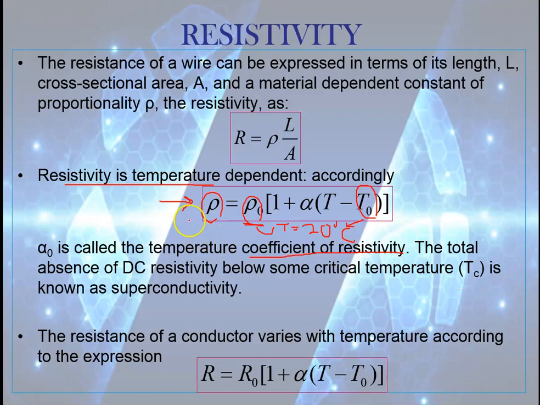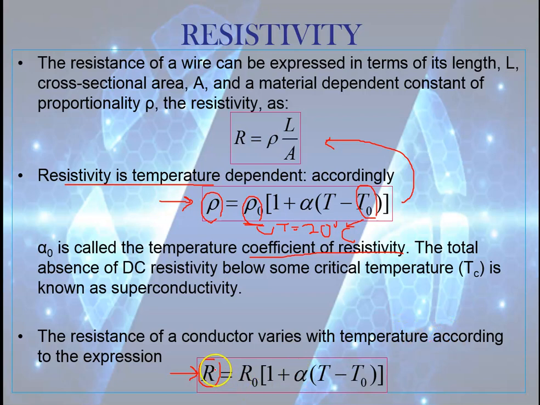Right. So when I substitute this one into this one, I also have a new relation between my resistance and temperature, which is basically the same as this resistivity. I just change the value of resistivity with the resistance, so it's actually similar.